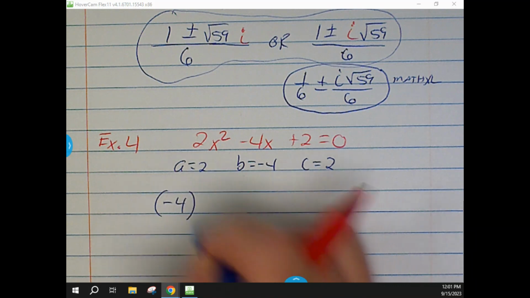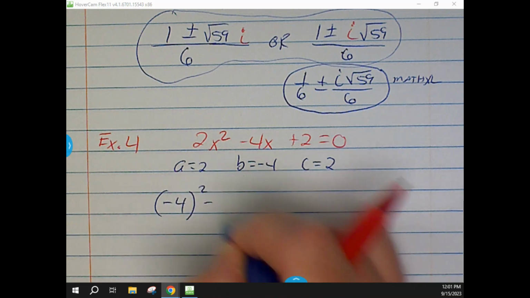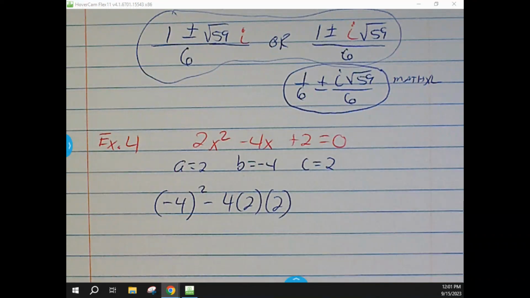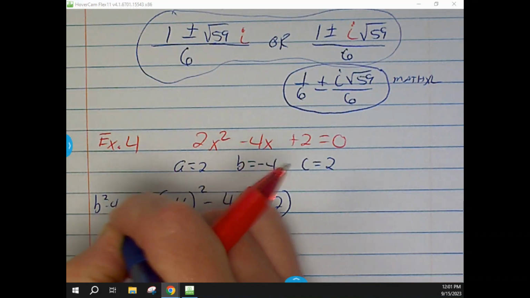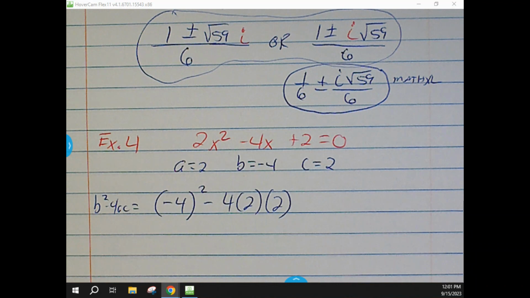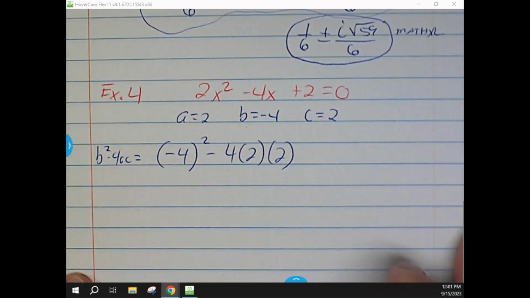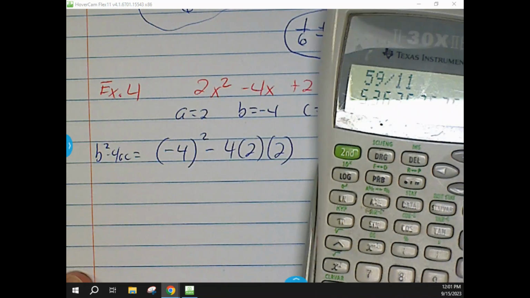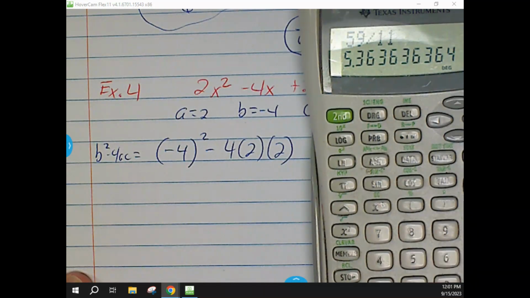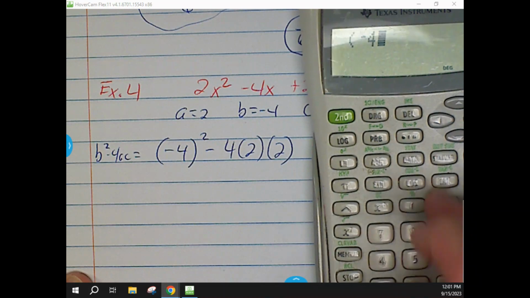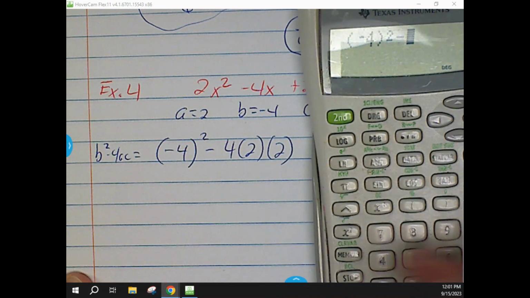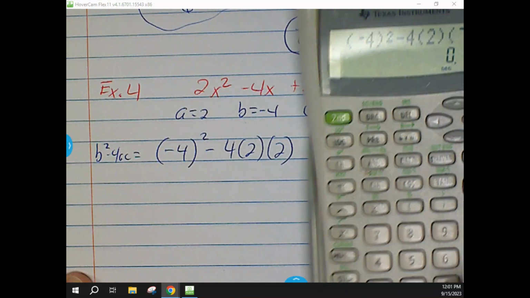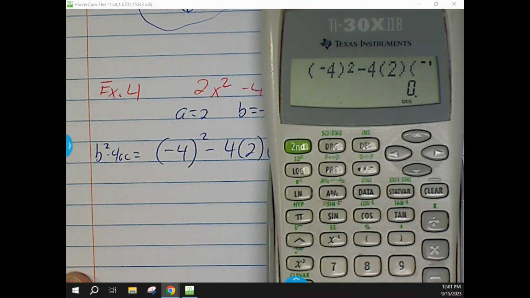So again, if we do b squared minus 4 times a times c, check that real quick. We get a nice, easy 0 for that one.